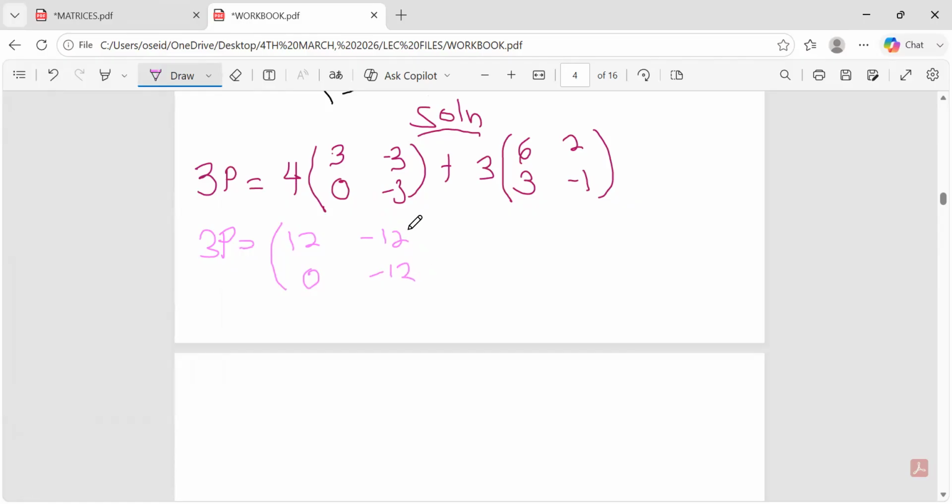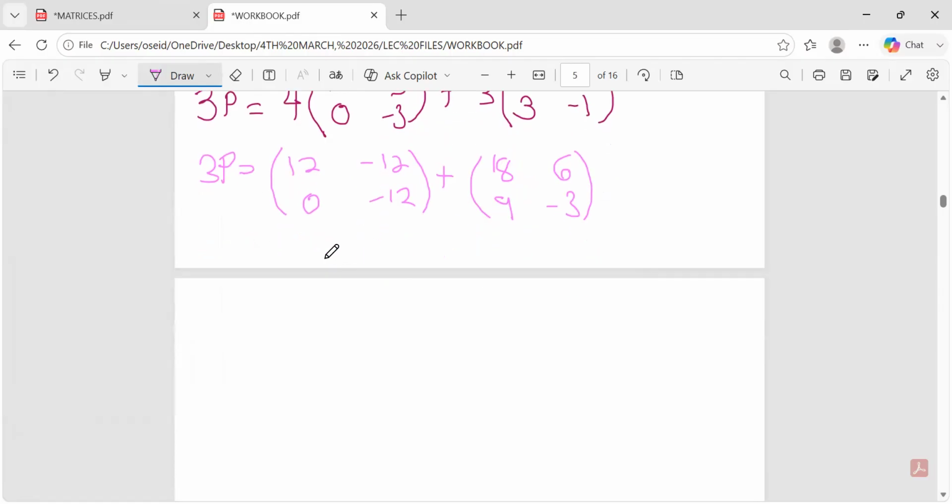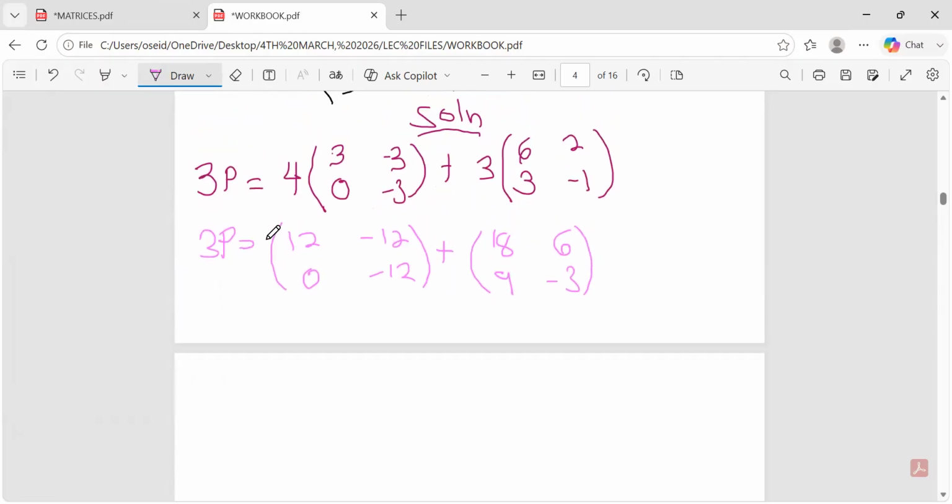So we close the bracket plus 3 times 6, we are going to get 18. Then 3 times 3, we get 9. 3 times 2, we get 6. Then 3 times -1, we get -3. Good. So over here, we practiced the scalar method.